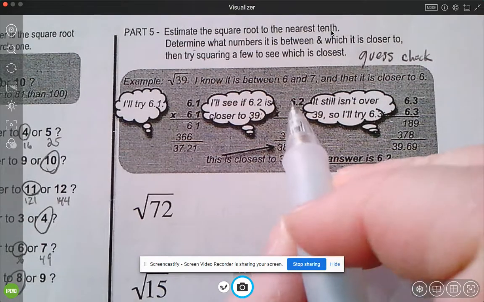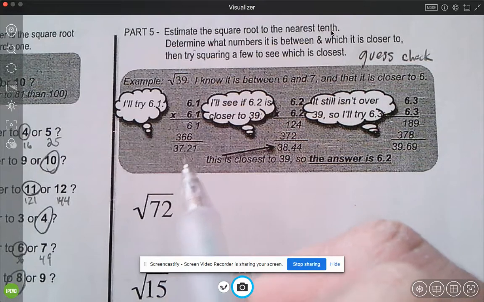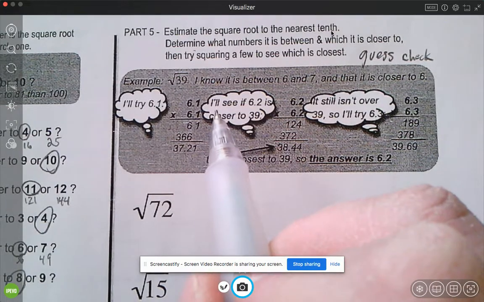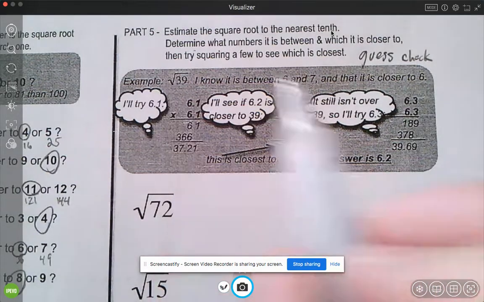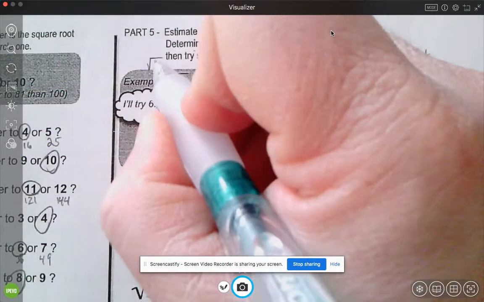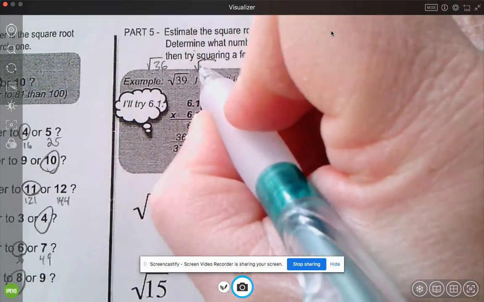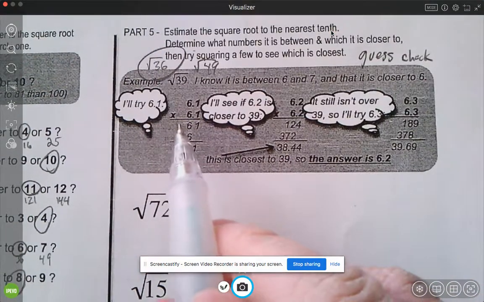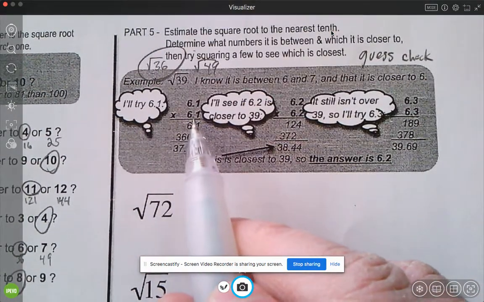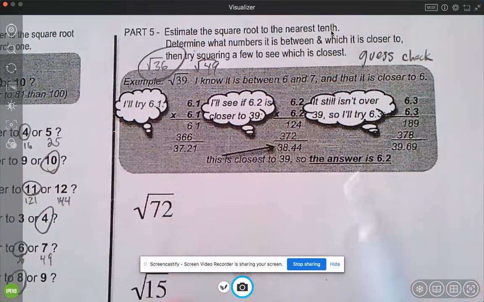You can see it's between 6 and 7. I would say it's closer to 6, because of the square root of 36. The way I usually do it, square root of 36, square root of 49, it's closer to this. So you try tenths places that are closer to 6, so 6.1, 6.2, and 6.3.